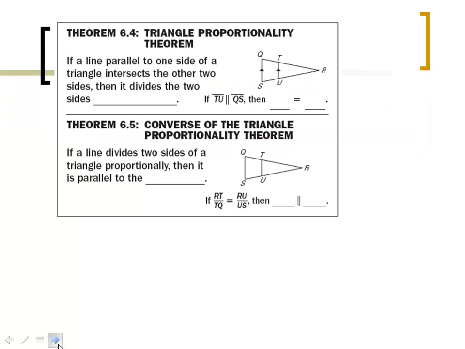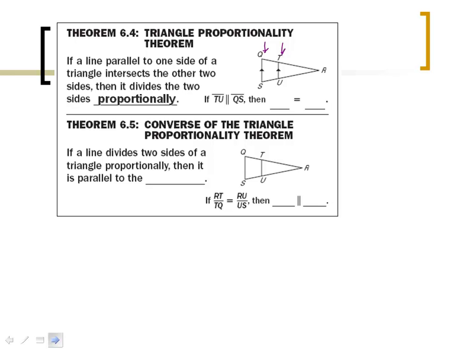So here, the triangle proportionality theorem says if a line parallel to one side of a triangle, okay, so notice right here, here's the side of a triangle and we have that line marked parallel to that other side. So if a line parallel to one side of a triangle intersects the other two sides, then it divides the two sides proportionally.